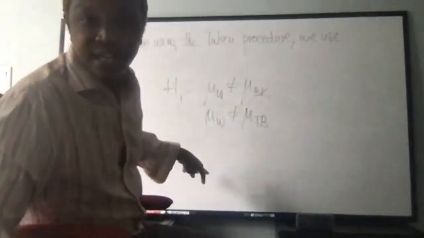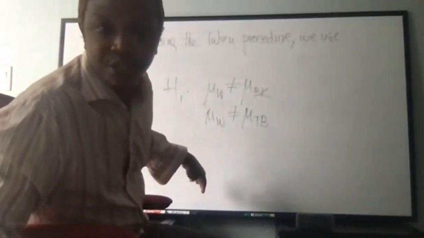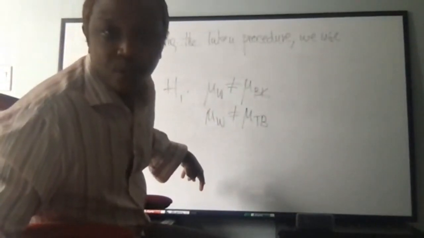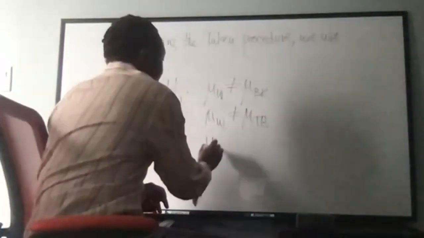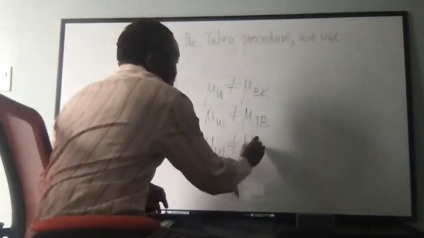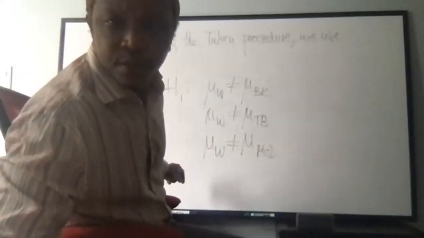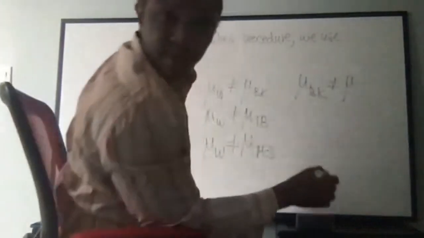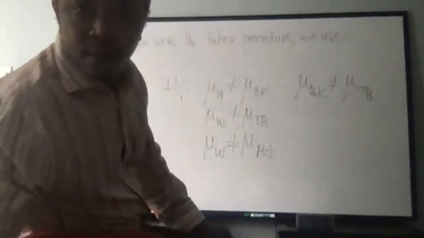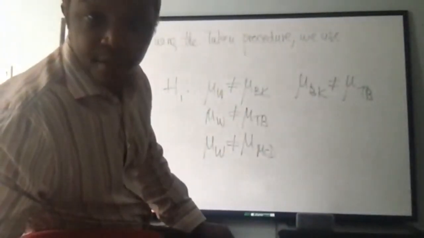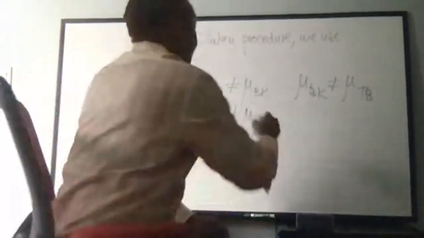So if everybody continue writing the solution. Means are different, 1 and 4. Mu Wendy's not equal to mu McDonald's. Means are different, 2 and 3. Okay, so Burger King is not equal to Taco Bell. Means are the same, 2 and 4.